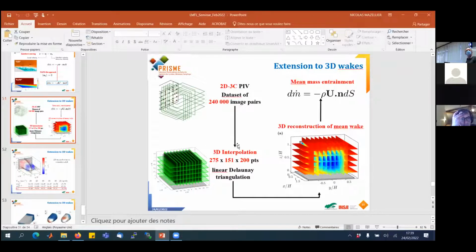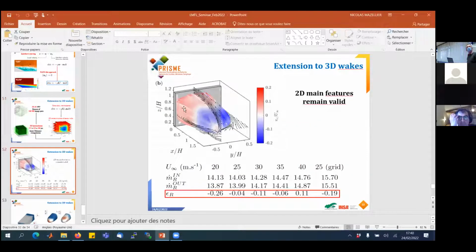And at the end of the day, by an interpolation in 3D using a lot of image pairs, we have been able to reconstruct this mean flow on which we have been able to build a recirculation bubble. So it's a 3D recirculation bubble. That's the RRI in 3D.